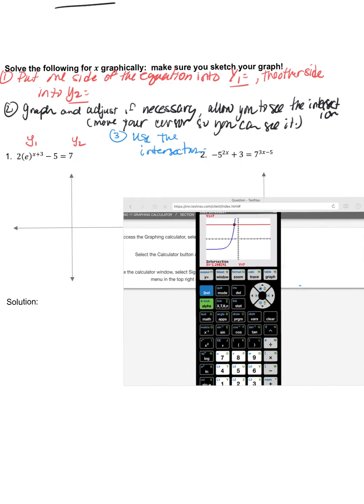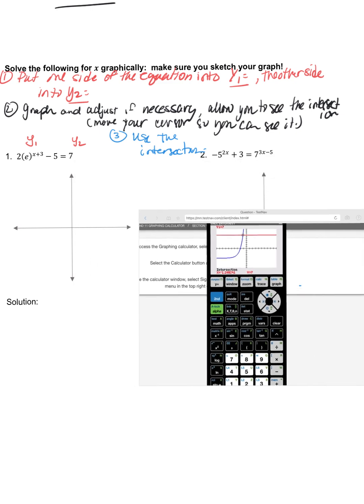I'll make this a little smaller now. All right, so when I graph it over here, you have to make it pretty accurate. Don't be lazy about your graphs. So this is my y equals 7 line.